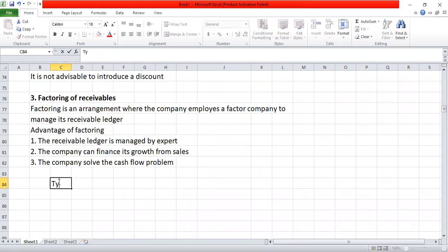So types of factor company. Factor companies are classified into two.